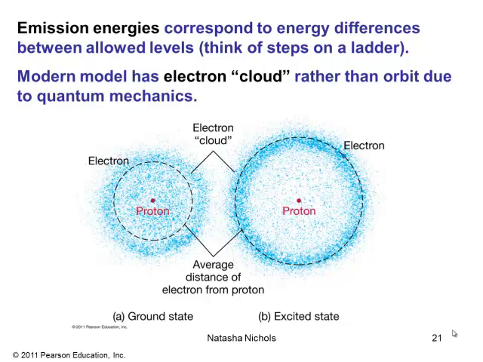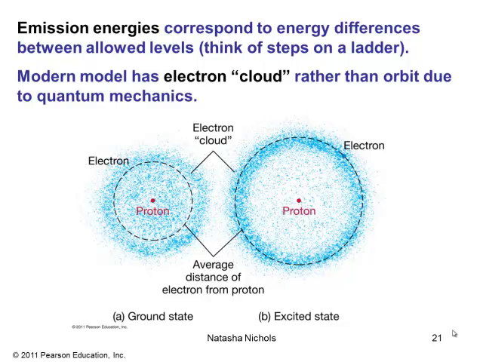What about electrons? The number of electrons in an atom of a given element can vary. Protons and neutrons are bound tightly into the nucleus, but the electrons are held loosely in the electron cloud. Emission energies correspond to energy differences between allowed levels of electron orbits.